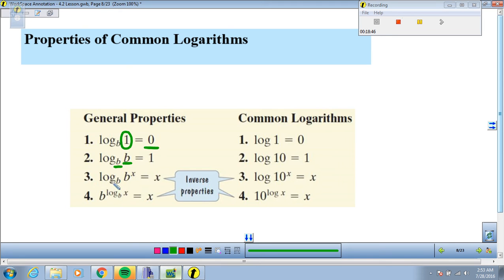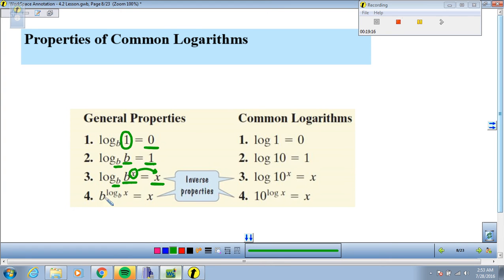When you have to do the logarithm of some base, and whatever is supposed to be in place of x is raised to an exponent, but b and b are the same again, and this can be numbers or other letters, the answer is just the exponent. Here the answer would be 1 in the previous one.